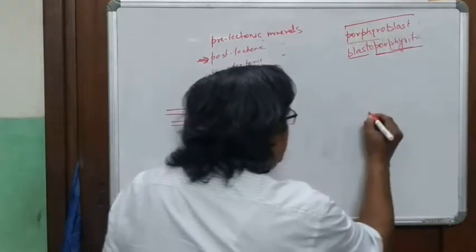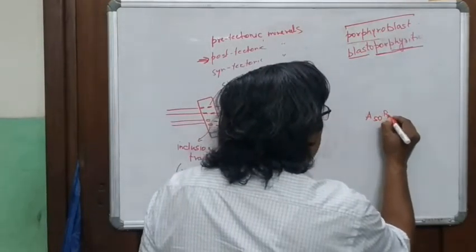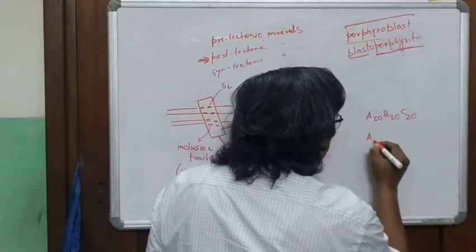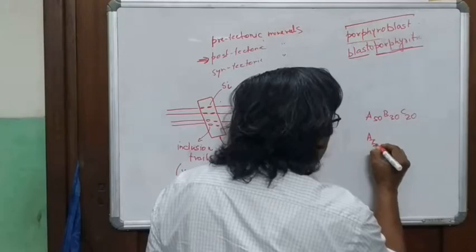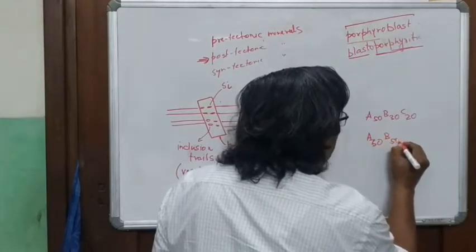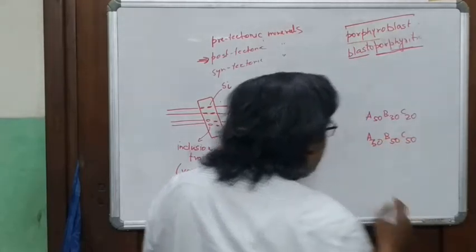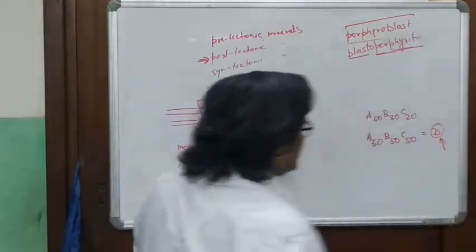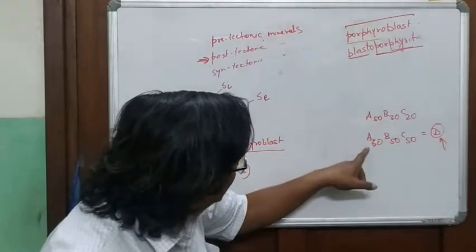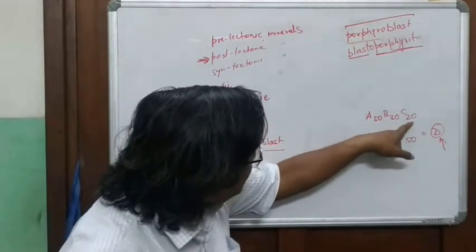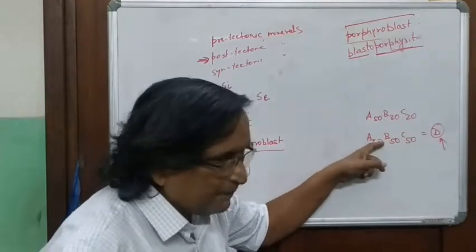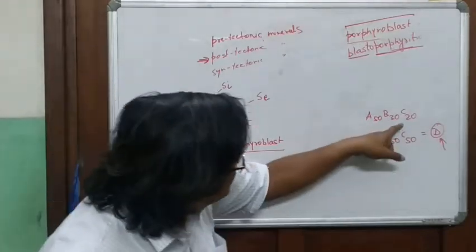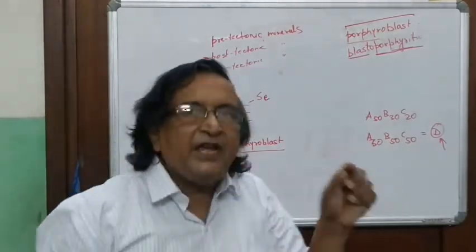Say for example, you have A 50%, B 30%, and C 20%, out of which A 30, B 50, and C 50, in this proportion, has reacted to produce D, which is the porphyroblast. So what has happened? When this reacts in this proportion, you expect C to be consumed first, and you will have leftover A and B.